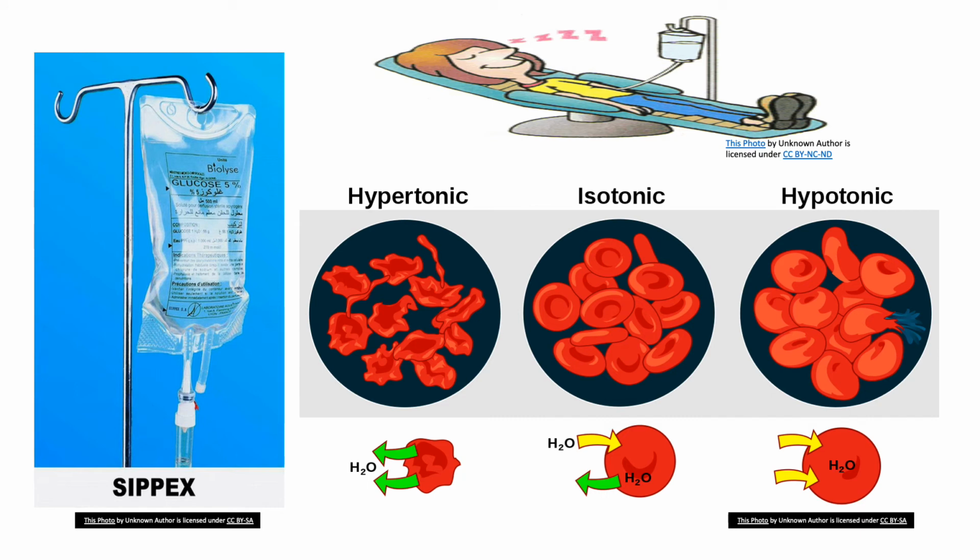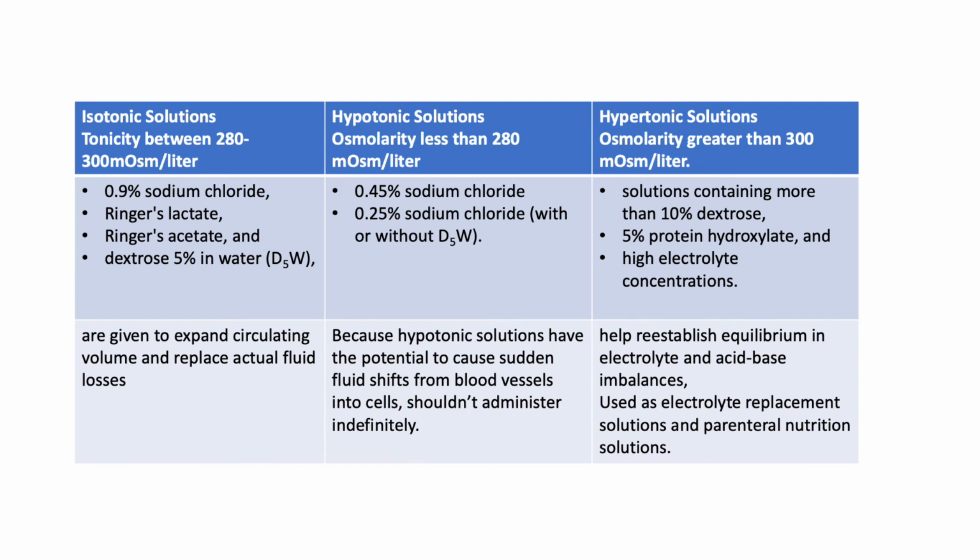When we transfuse any fluid to a patient, we are changing their inner environment. The effect of intravenous solutions on body fluid movement depends in part on their tonicity, or the concentration of solids in solution. The Infusion Nurses Society classifies a solution as isotonic if its tonicity falls between 280 and 300 milliosmol per liter.